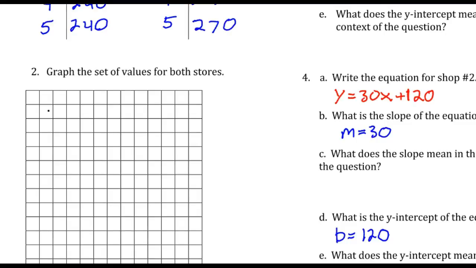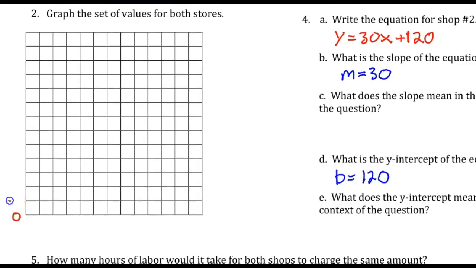Okay. So maybe count by 30s, try that out. Since the slope is 30 for one of them, maybe this will fit.